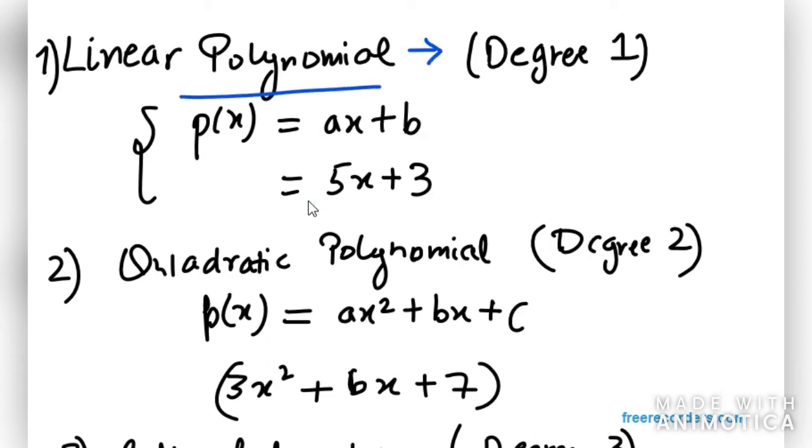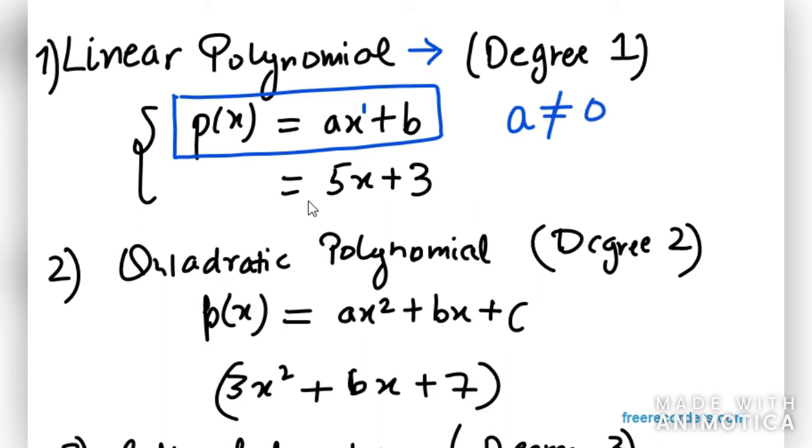You can see here on the board that p(x) = ax + b. In this case the degree is 1. The highest power is 1, so we can say it is a linear polynomial. Remember, a cannot be equal to 0. Why?